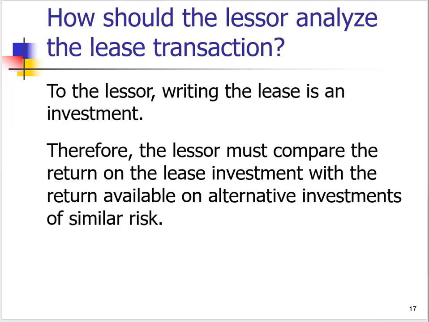So writing the lease for the lessor, it's an investment. You're buying the asset for your business, and your business is leasing assets. So we need to compare the returns on investments with other types of investments of similar risk. This is what we do for all kinds of capital budgeting projects.